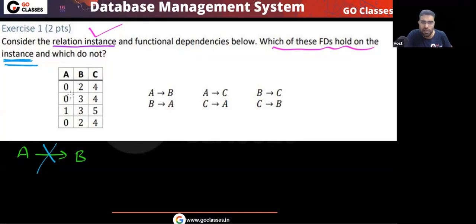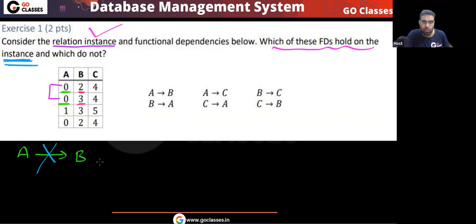Why? What is the reason? You can see here the A value is the same, but the B values are different. If you know the value of A, can you determine the value of B? You cannot tell me, because here the value of A is 0, here also the value of A is 0, but here the value of B is 2 and here the value of B is 3.